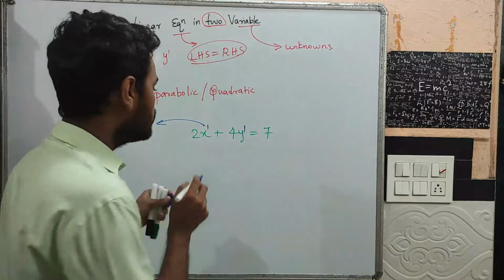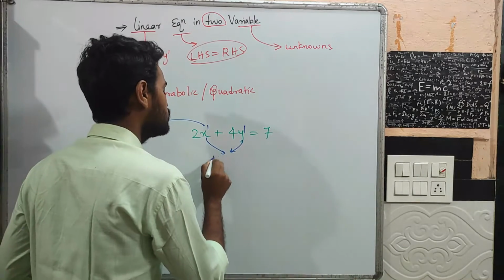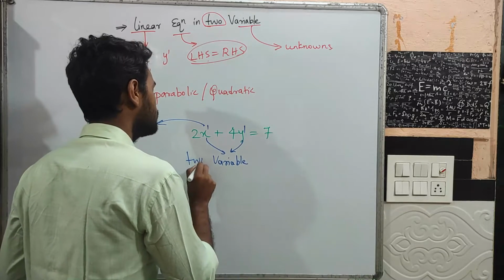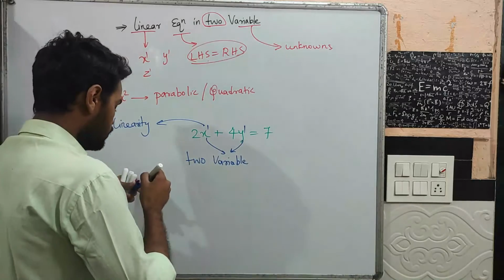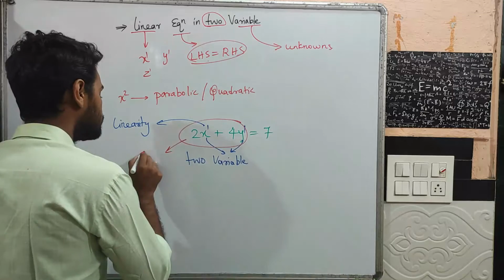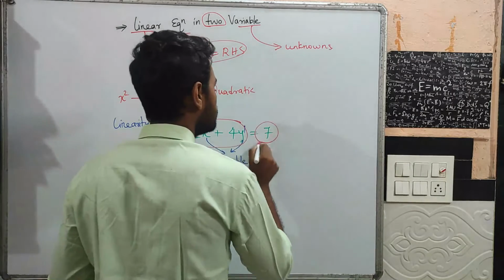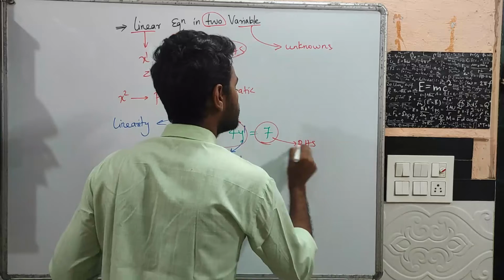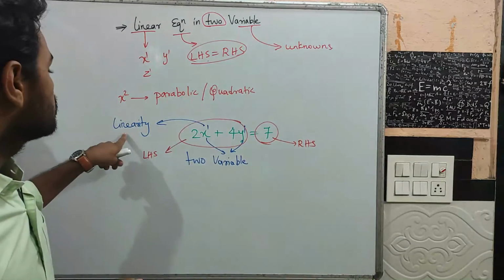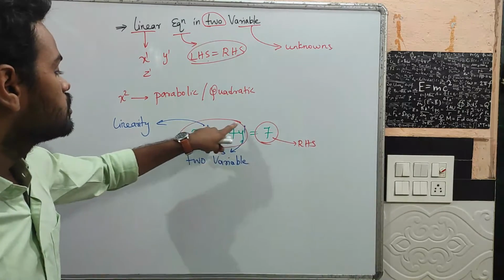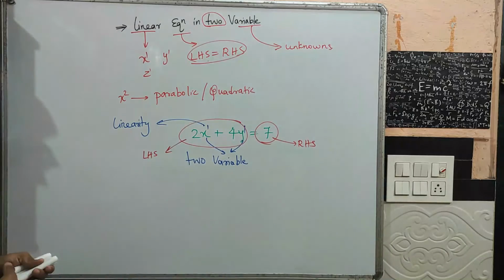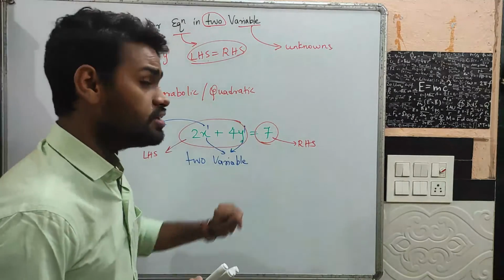How many unknowns are here? x and y, so there are 2 variables. This part is the left hand side, and this part is the right hand side, and the left hand side must be equal to the right hand side. This is a linear equation in two variable.